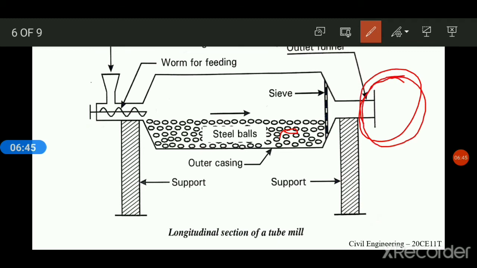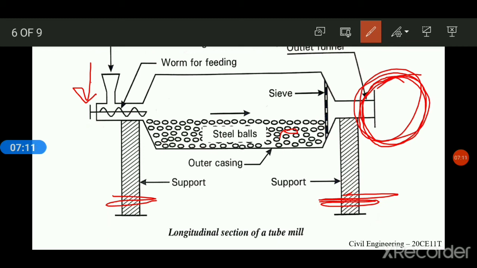So the tube mill is supported on this supporter. The material is fed from the inlet, and after achieving fine grinding due to steel balls, the ground material is collected at the outer funnel.